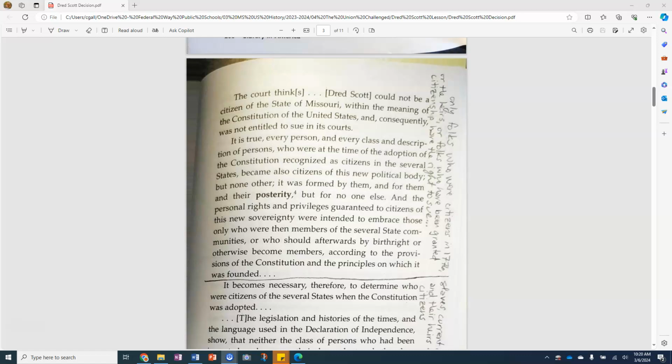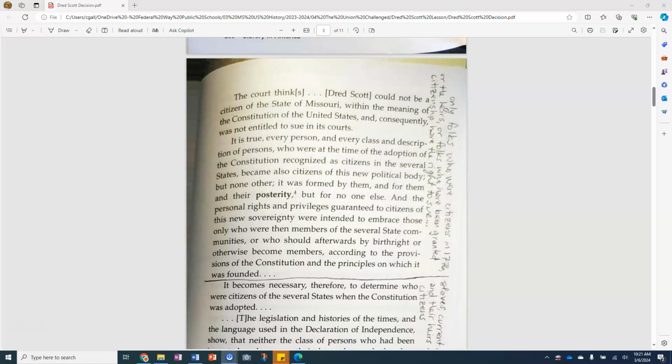Okay? For the personal rights and privileges granted to citizens of this new sovereignty were intended to embrace only those who were then members of the several state communities. So the rights they articulate as part of the Bill of Rights, that only counts for those folks who were citizens at the time, right?